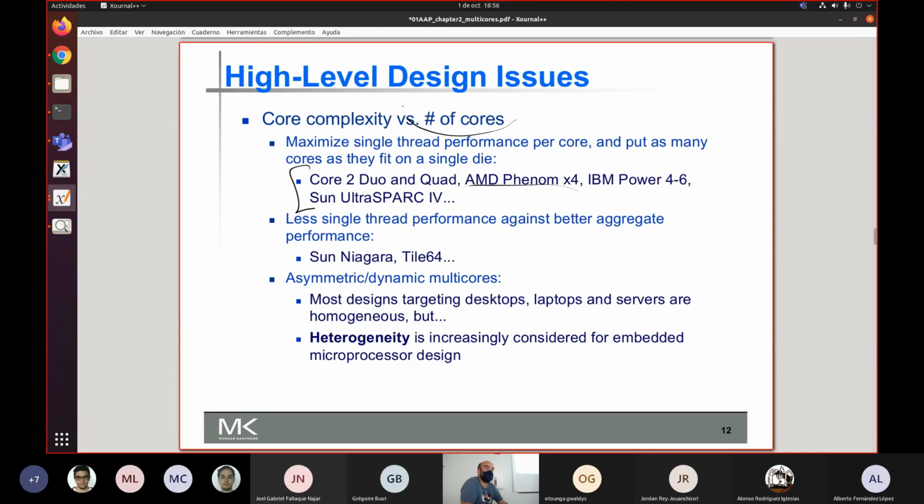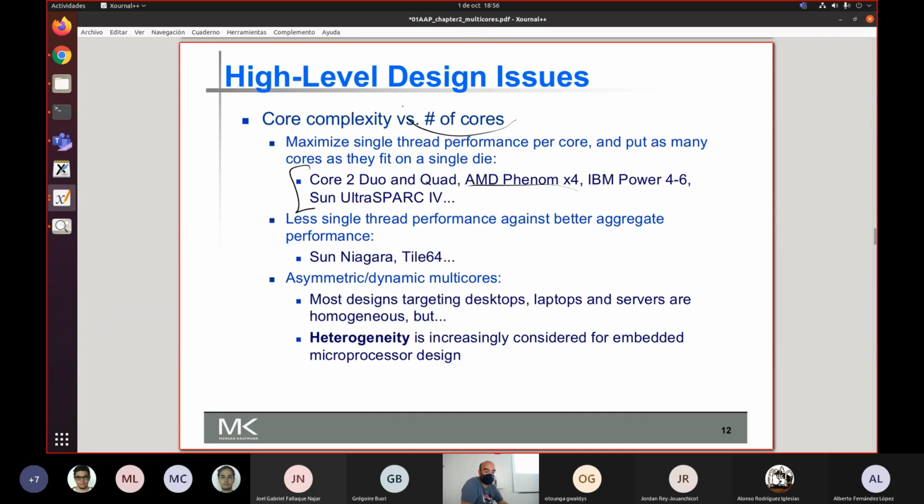So everybody thought, okay, they are giving more for the same price, and that was one of the reasons why they succeeded. And obviously, at the beginning, they found a better trade-off between complexity of each core and the number of cores that they put in the same chip.